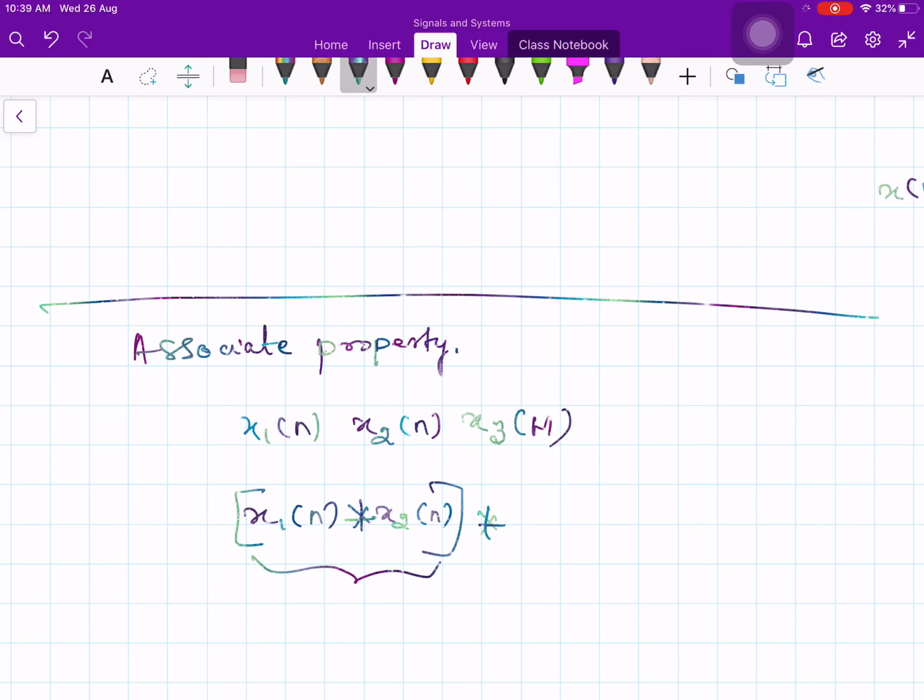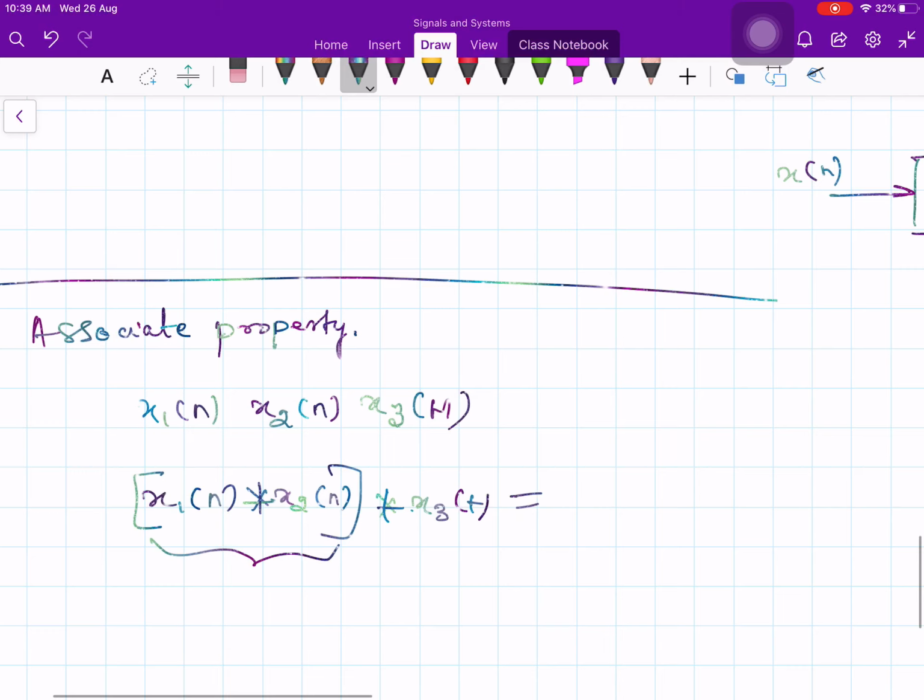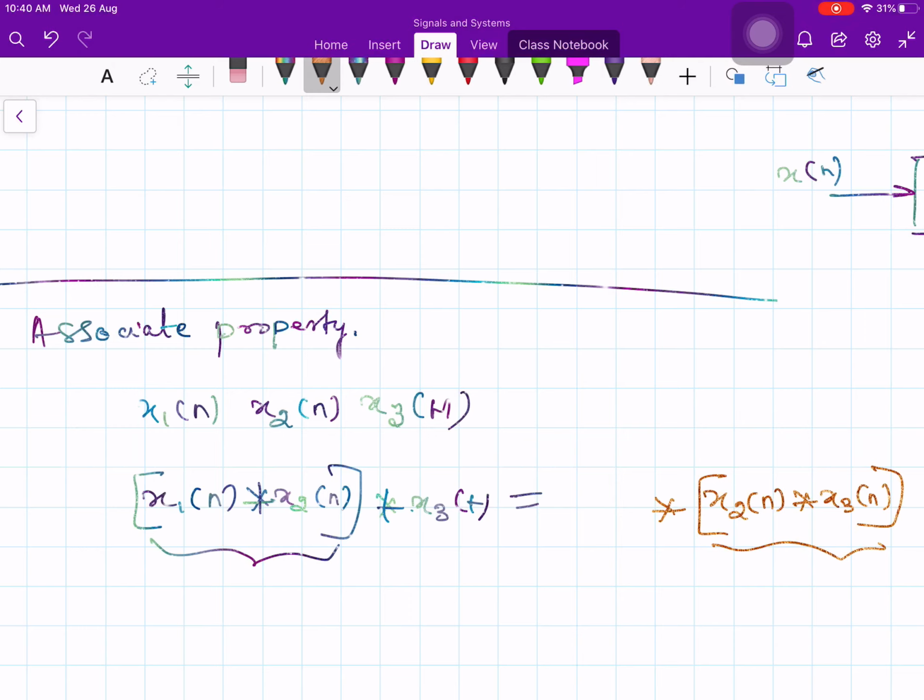This will be the same as first you convolve x2 of n with x3 of n, you take this result and then convolve with x1 of n. It doesn't matter, it gives the same result.